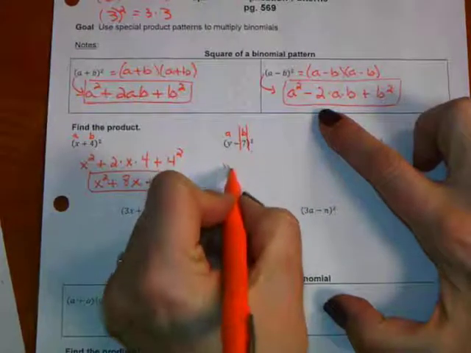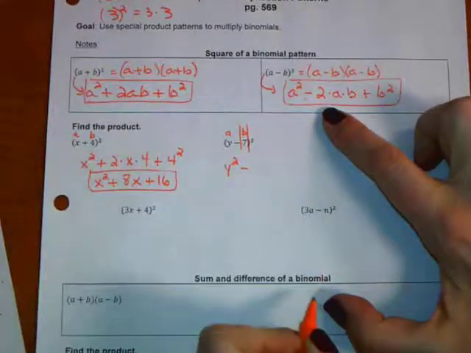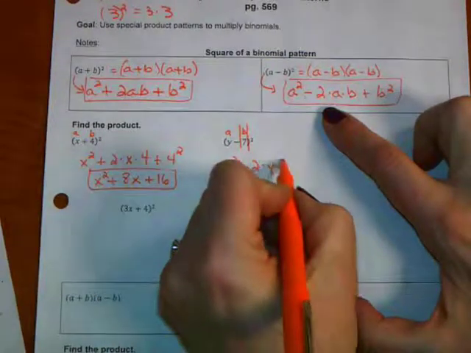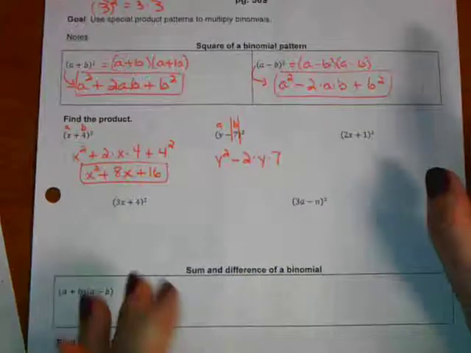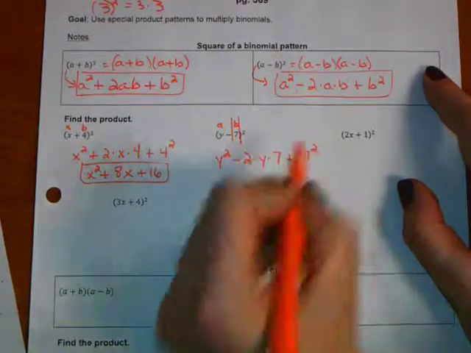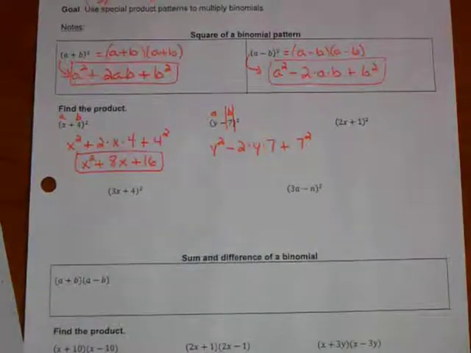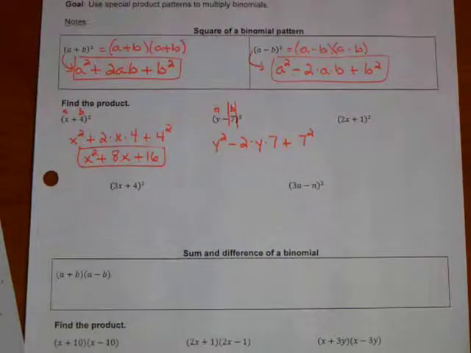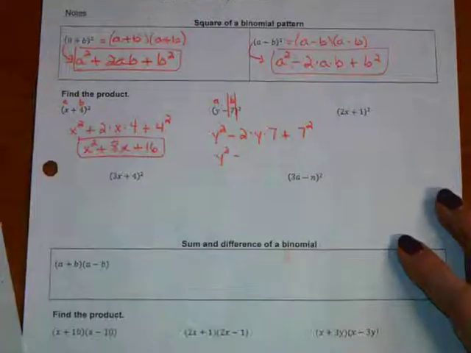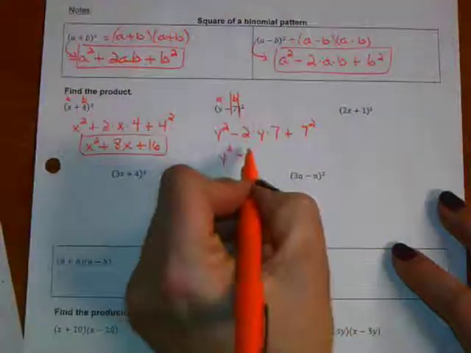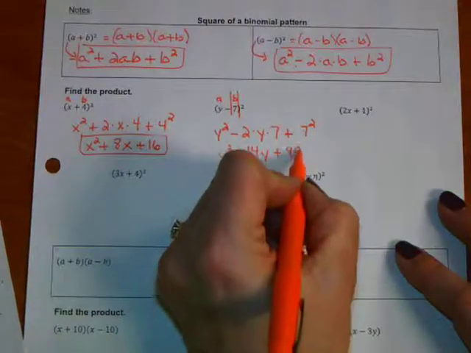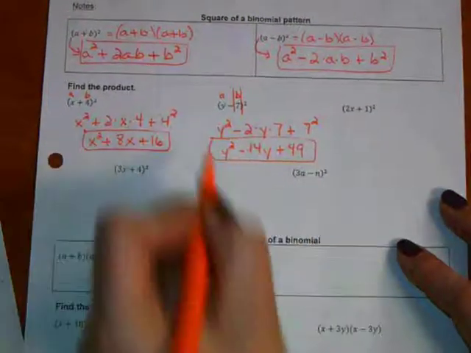So we square a, we put a minus, we do 2 times my a times my b, which is just 7, plus my b squared. And then we make it pretty. So y squared is the first term. 2 times 7 is 14, plus 49. And that's it.